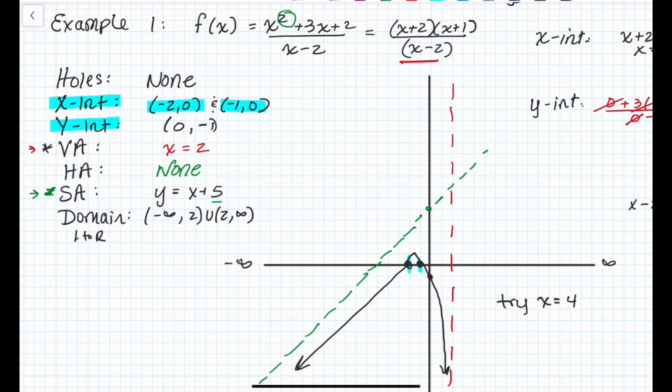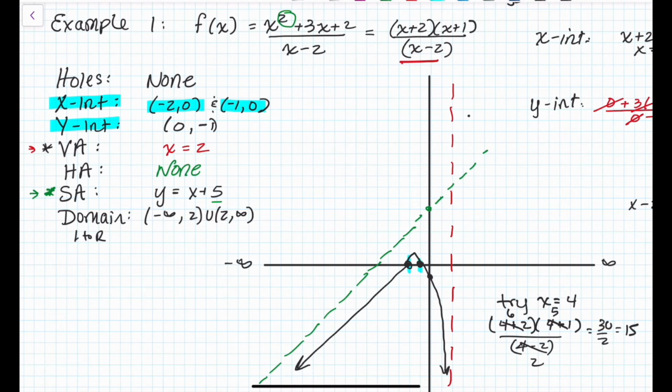So the other part of the graph, to the right side of the x equals 2 vertical asymptote, we need to just pick any point on the right side of x equals 2. So let's try x equals 4. If I plug in x equals 4 into the function, I get y equals 15, which just tells me that the graph is going to be somewhere up here.